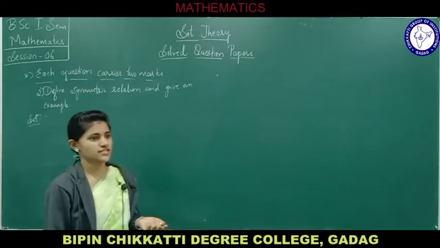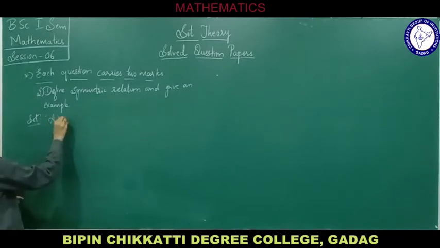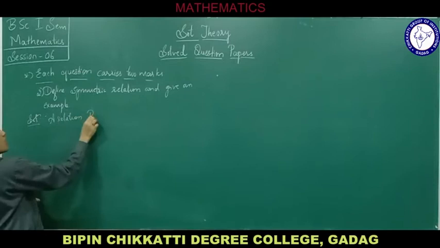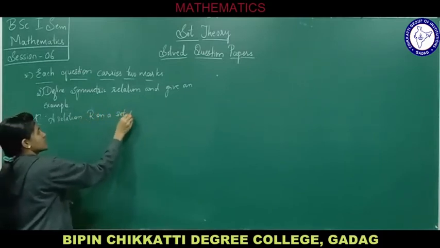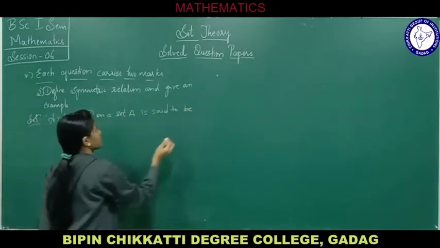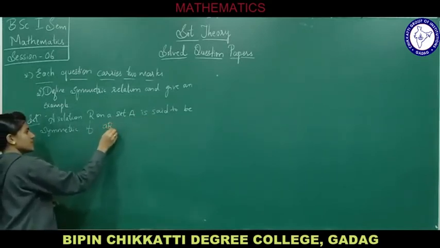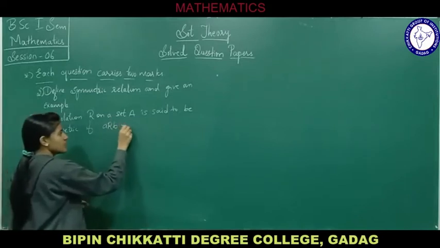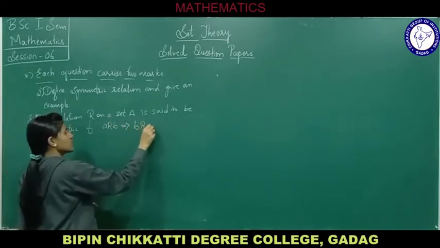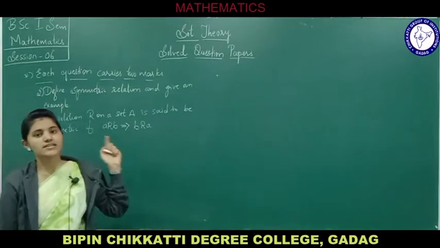Let R be a relation on a set A. It is said to be symmetric if A related to B implies B related to A. Then we say that it is a symmetric relation.